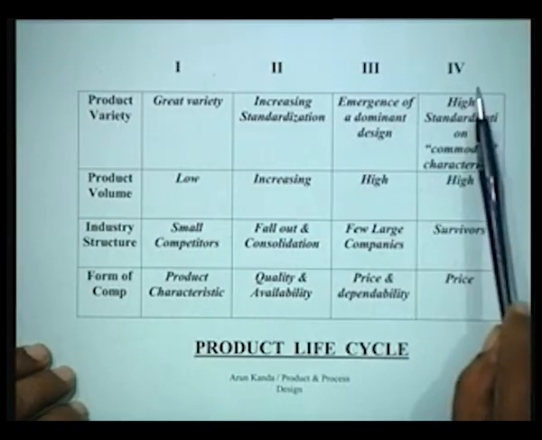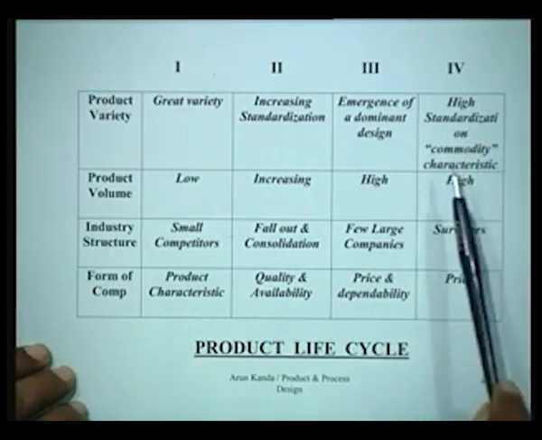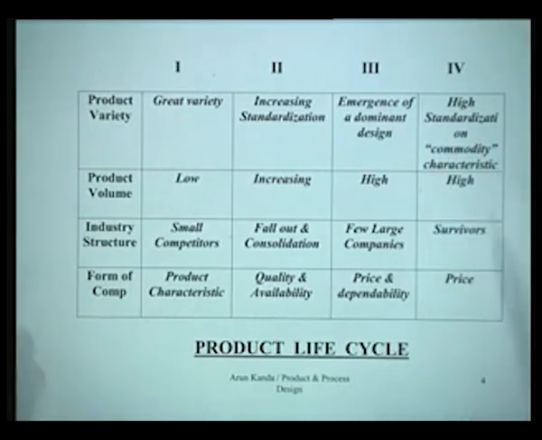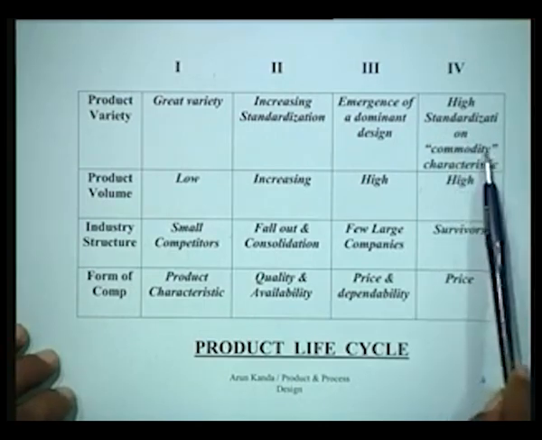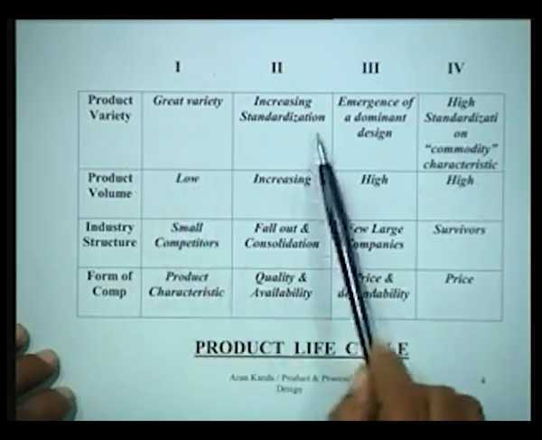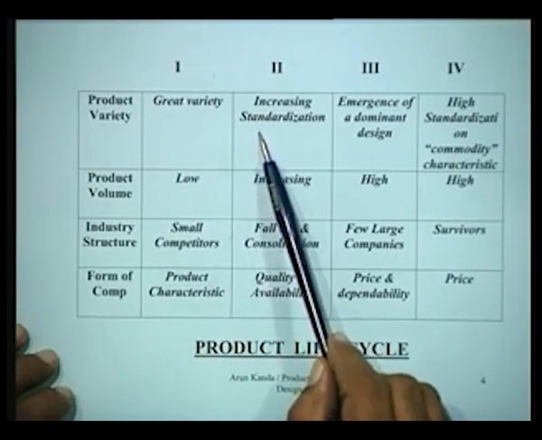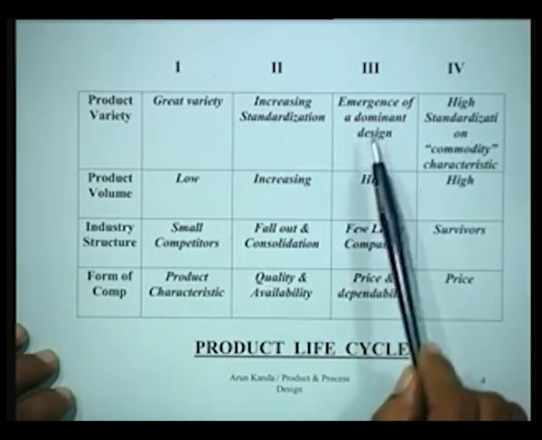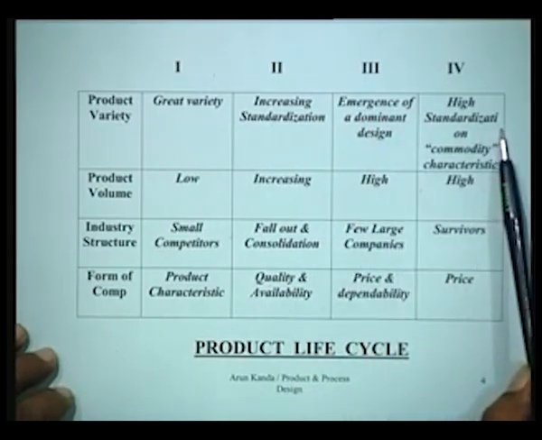And in the 4th stage, there is a high degree of standardization, and there is a commodity characteristic, which means that it becomes a household commodity. So this is as far as product is concerned. Product variety generally is high, it tends to fall, and finally you settle. Most companies would settle for one dominant design, and the product variety, as far as that is concerned, would tend to go down.